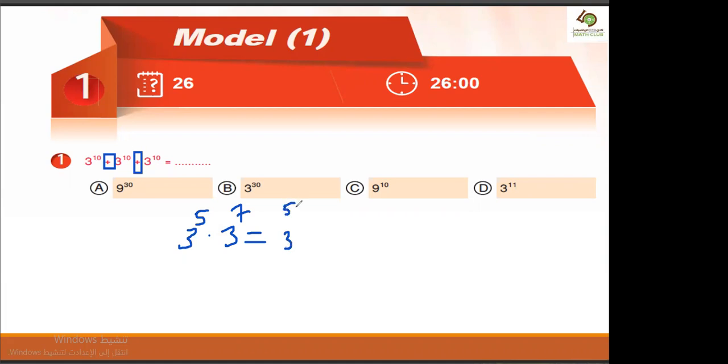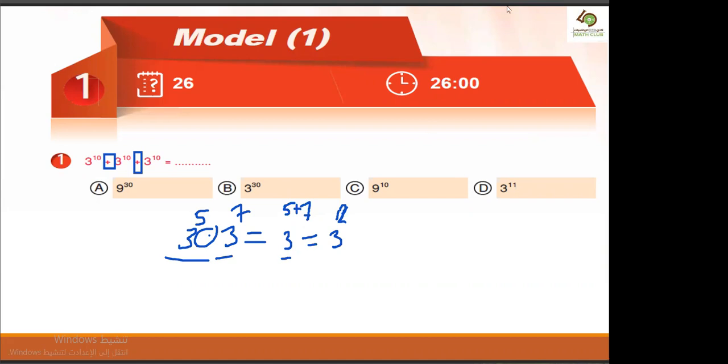It is 5 plus 7, what is it? 3 to the power 12. You see? When you have multiplication with the same base, you add the exponent.